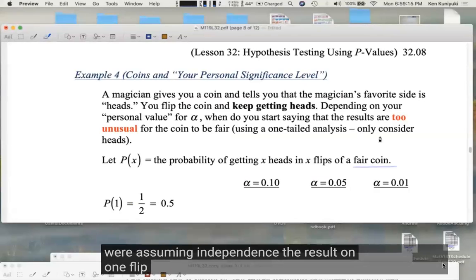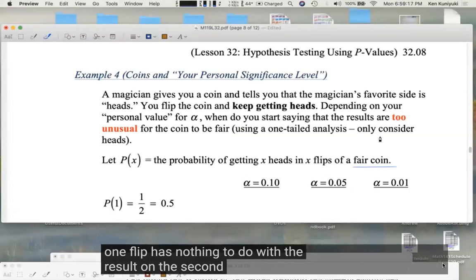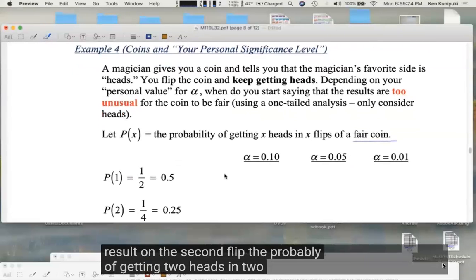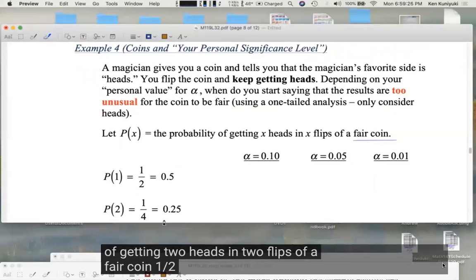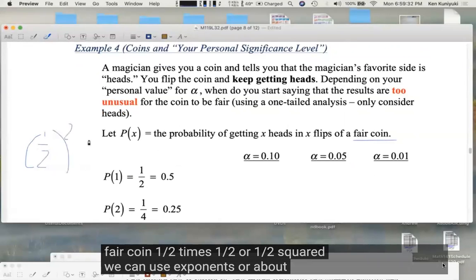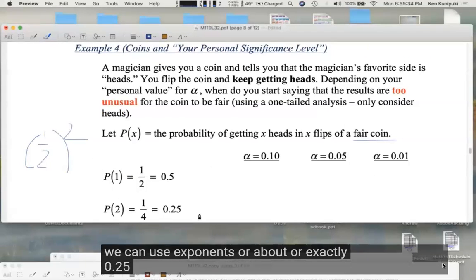The result on one flip has nothing to do with the result on the second flip. The probability of getting 2 heads in 2 flips of a fair coin is 1/2 times 1/2, or 1/2 squared. We can use exponents, or exactly 0.25 or 25%.